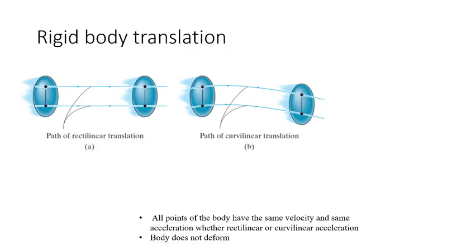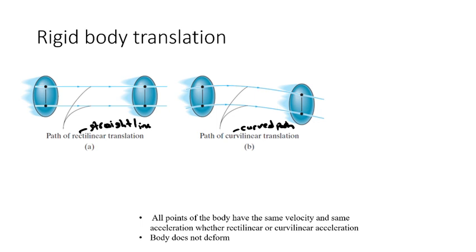So as you can see, we may have a rectilinear translation like this one, which means we have a straight line. Or we may have a curvilinear translation, something like this one, which means we have a curved path. But it doesn't matter.